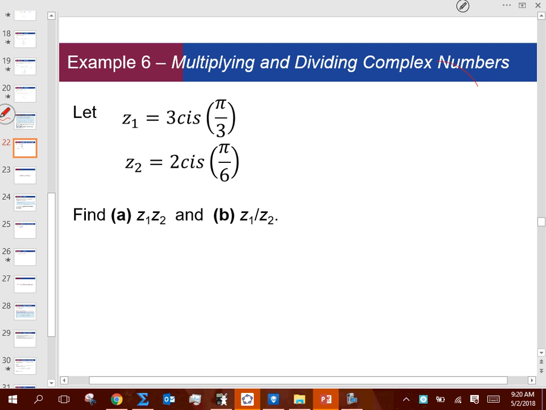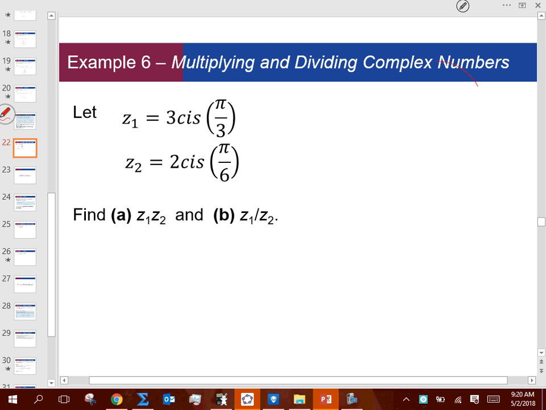So I'm going to do 2 examples of this. I'm going to let z1 equal 3 cis pi over 3 and z2 be 2 cis pi over 6, okay? So my r1 is 3, my r2 is 2, theta 1 is pi over 3, theta 2 is pi over 6, okay?